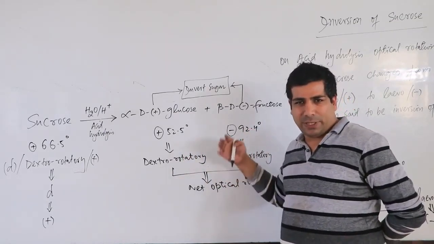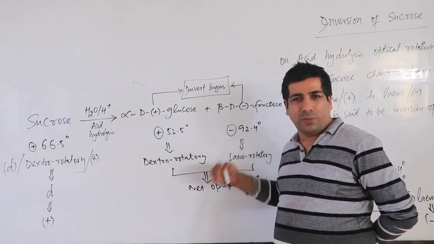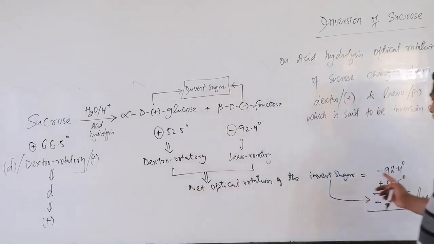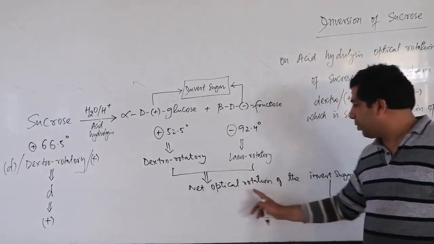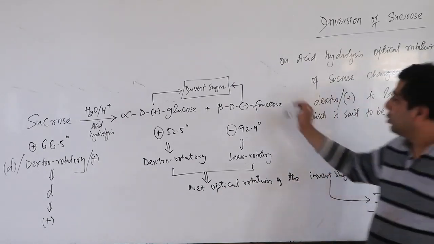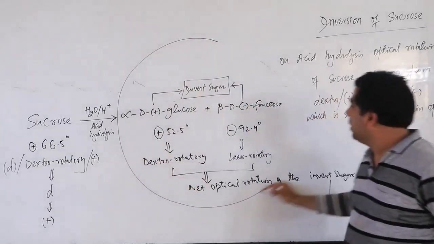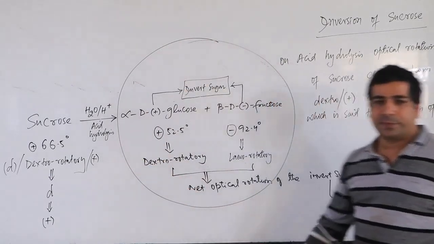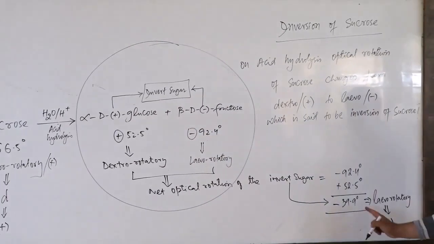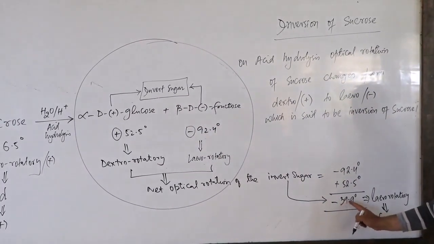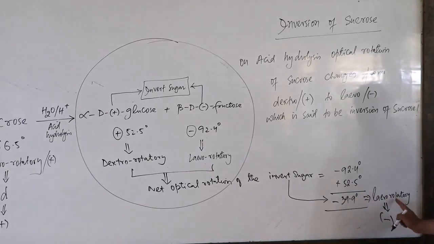So the minus value is more here, the anti-clockwise value is more here. After doing the subtraction, you find that finally we got the value minus 39.9 degrees. That is the net optical rotation of the invert sugar. So this solution, the mixture of glucose and fructose, has the net optical activity of minus 39.9 degrees, which is levorotatory.